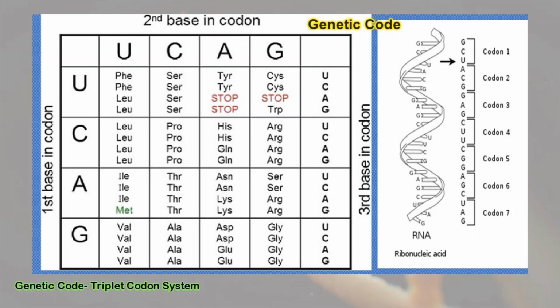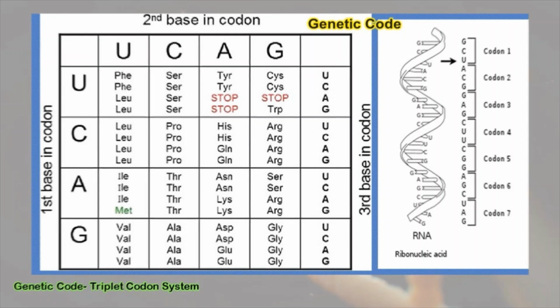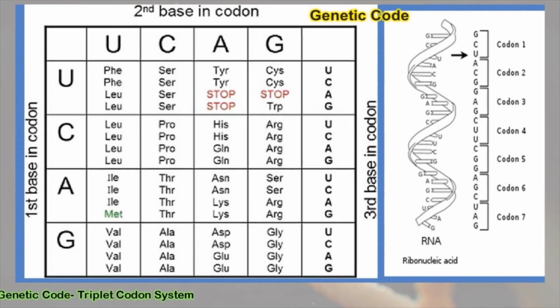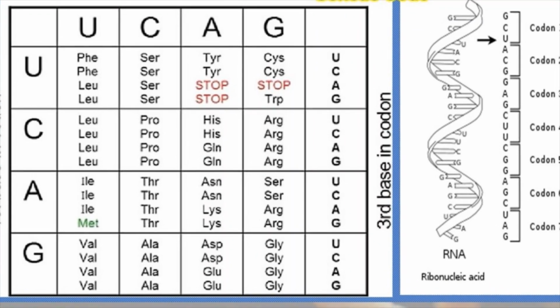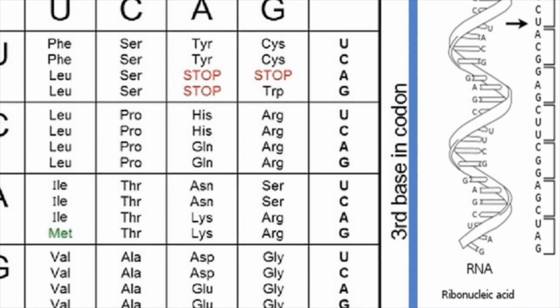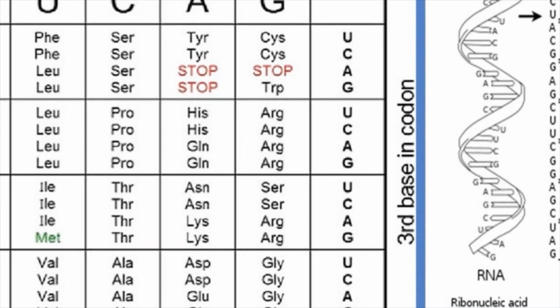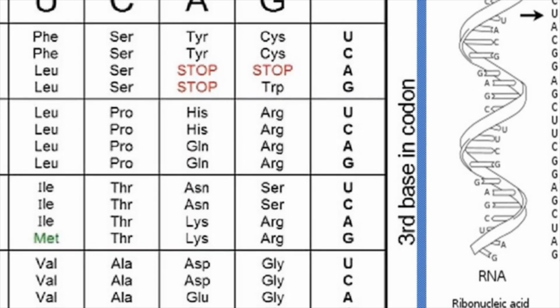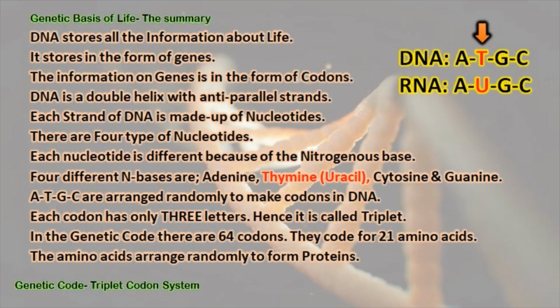Genetic code is the most ancient, most efficient, yet simple language of biomolecules. Genetic code is universal. It is the same in all living organisms, from virus to man. It is commaless and continuous. There are about 64 words in the form of codons, and they are built using 4 letters, that is ATGC or UCAG.